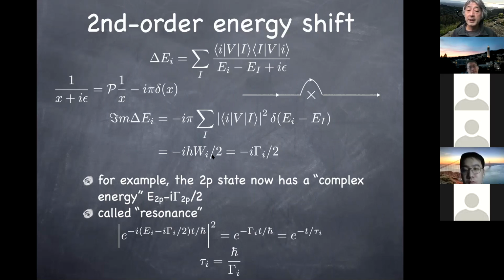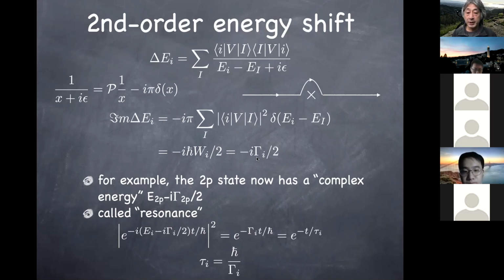So that's the decay rate of the 2p state going to the photon and the 1s ground state. So this imaginary part of the energy of the 2p state precisely corresponds to the decay rate. And we write h bar times the decay rate as gamma for the sake of discussion later.